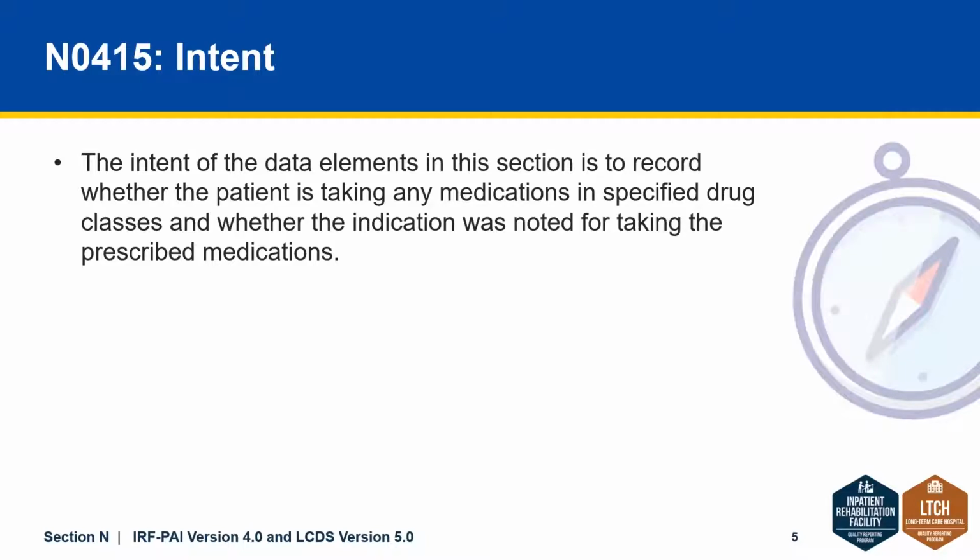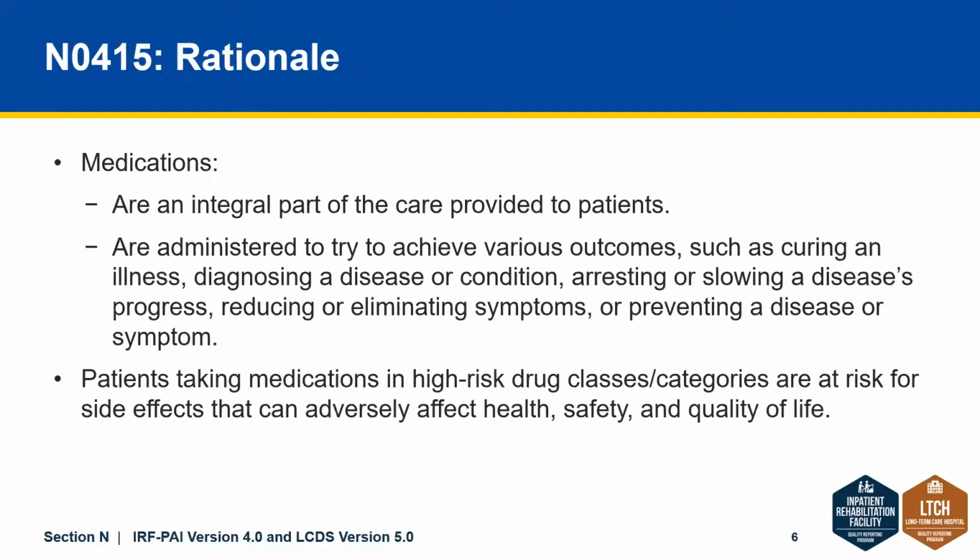The intent of this item is to record whether the patient is taking any medications in the specified drug classes and whether the indication was noted for taking the prescribed medications. The item rationale stems from the fact that we all know medications are an integral part of the care provided to patients.